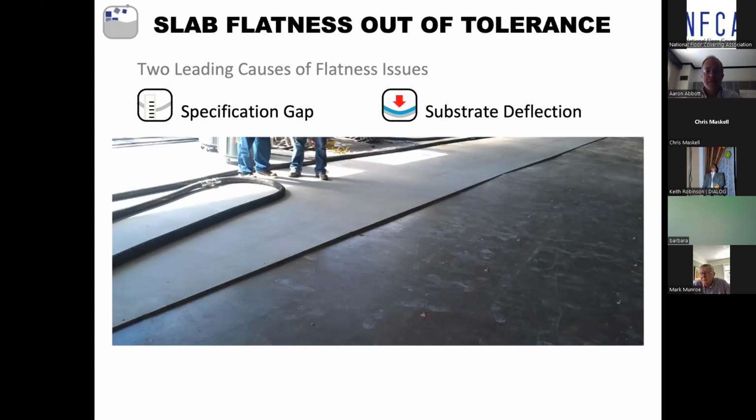It's interesting. We have a project we're involved in at the moment. It's around 500,000 square feet of flooring on elevated slabs. And the specification has actually stated no SLU.